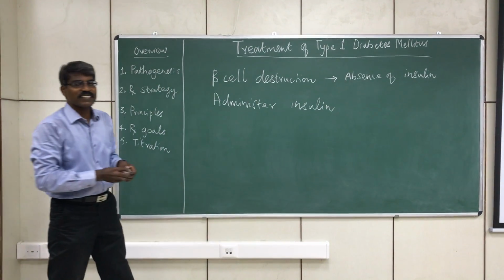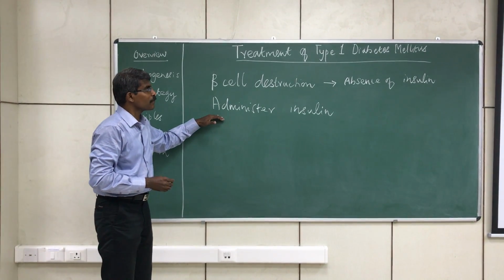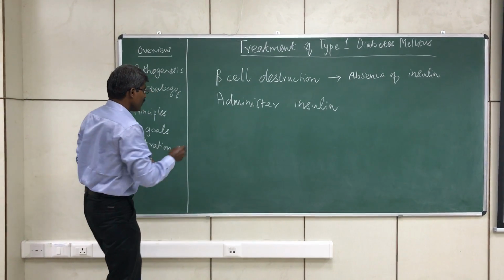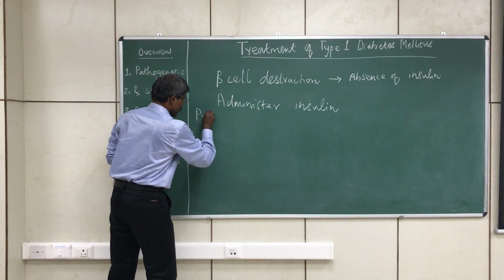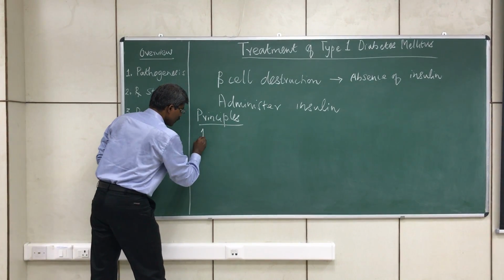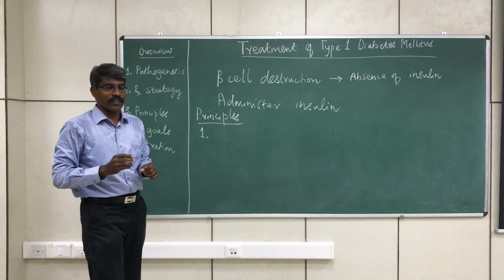Right. Now let us see what are the principles behind initiating insulin therapy for treatment of type 1 diabetes. The first principle is how do we calculate the total dose of insulin for initiation.